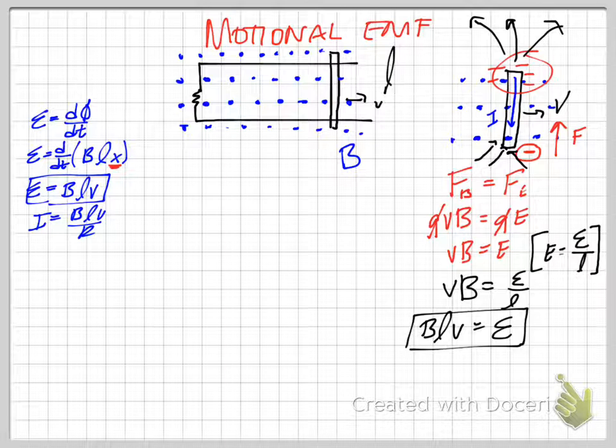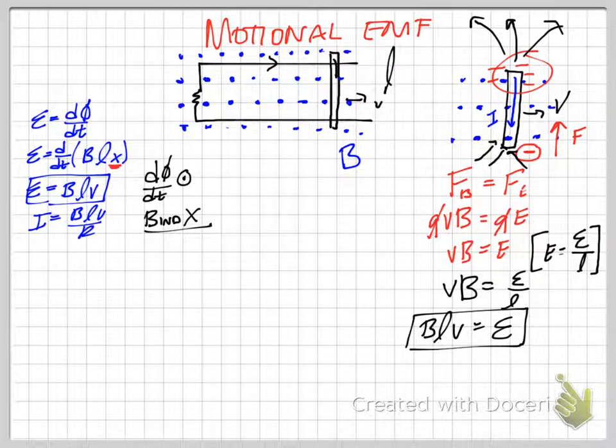If we look at the direction, since that area is getting bigger, the change in flux with time is increasing. That means that my induced magnetic field would be into the page, and in order to get that to happen, I would have a current that runs clockwise.